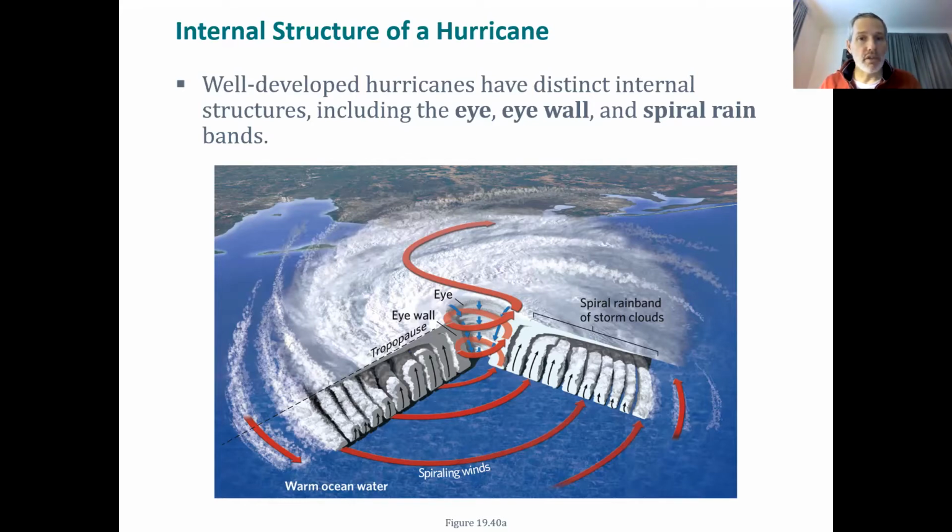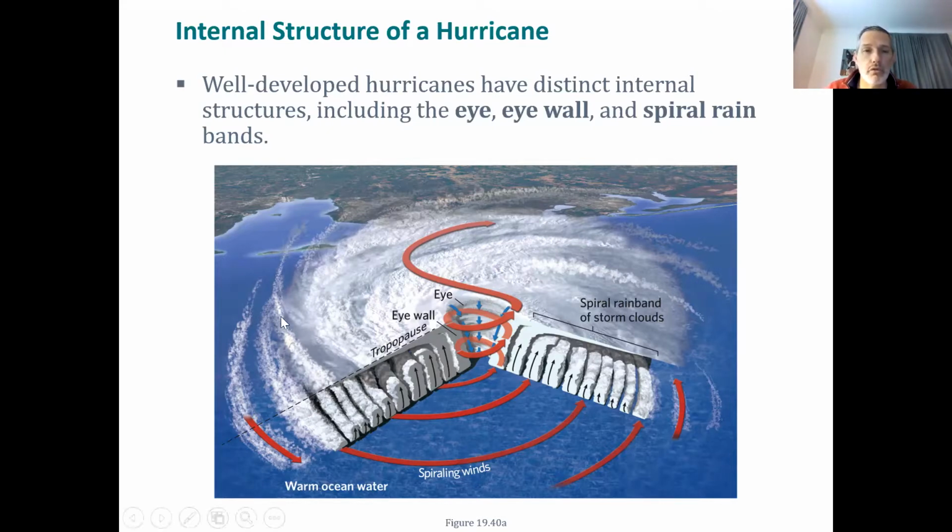Now in the middle of this hurricane or typhoon, what's going to happen is the air is actually going to fill in this region. And so right in the middle of this hurricane is the eye, where the air is sinking. Air is sinking, warms. And so if the air is warmer and sinking, you're actually going to have clear skies right in the middle of this eye.